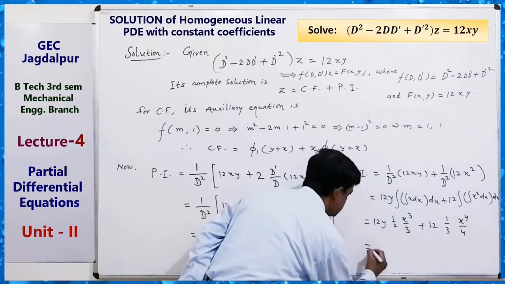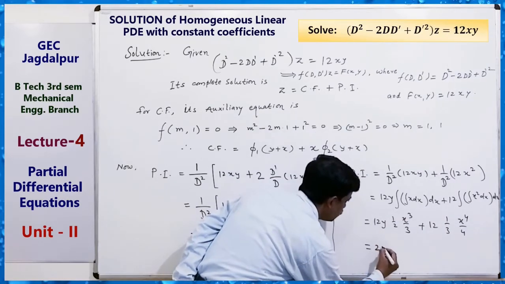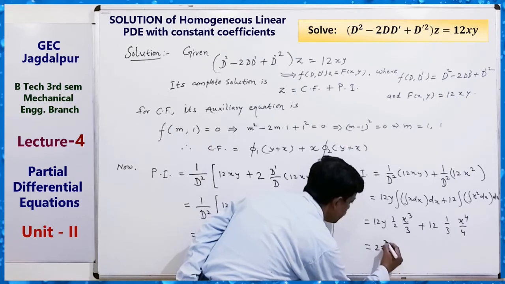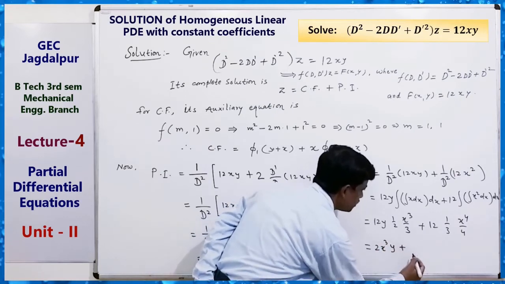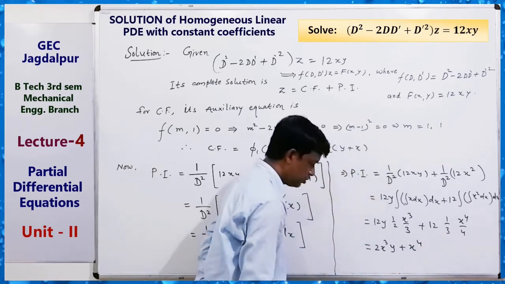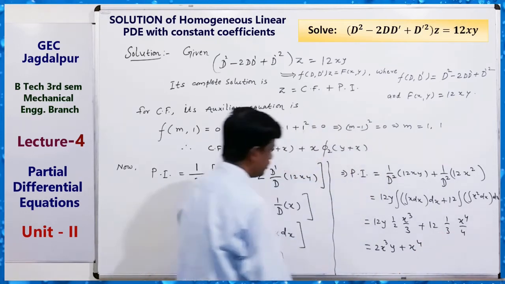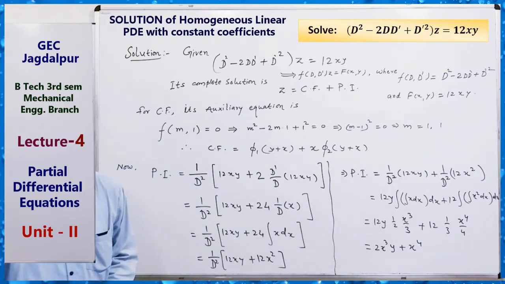This, that is 2x³y plus x⁴. So 2x³y plus x⁴. This is our PI. Clear?